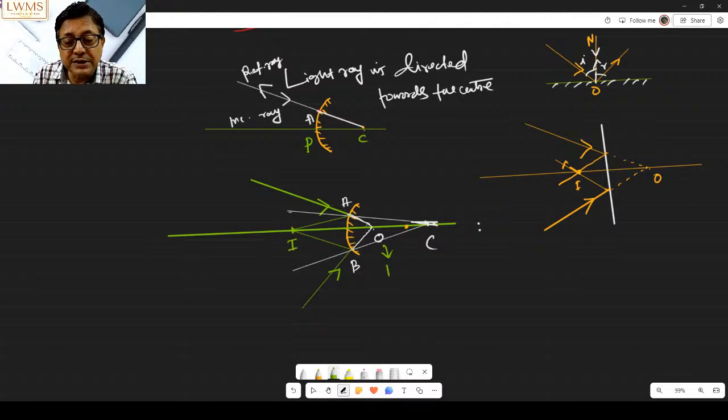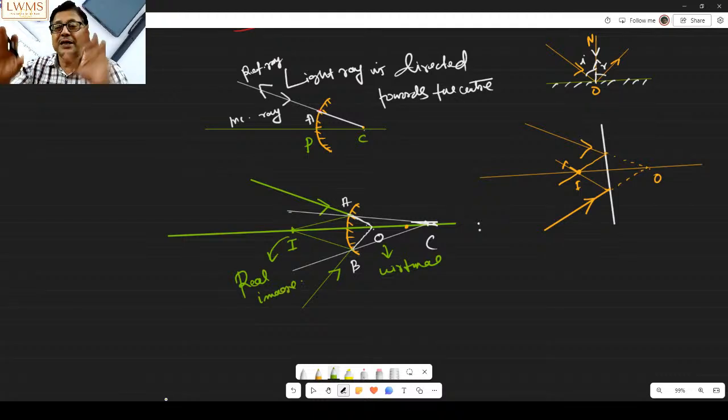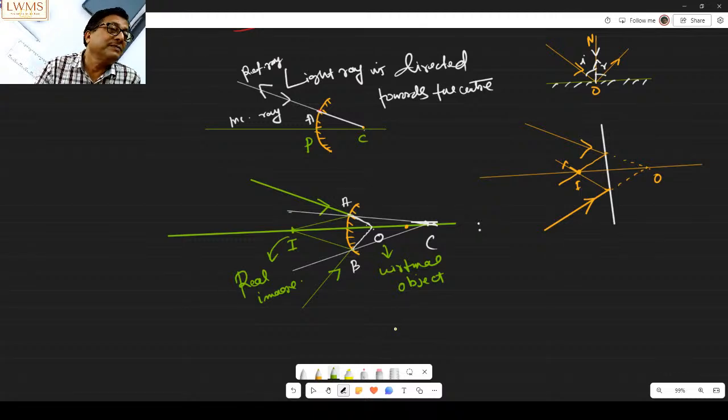This object is virtual and this one is real. Okay, keep this in your mind. So a virtual object, and we get a real image over there.